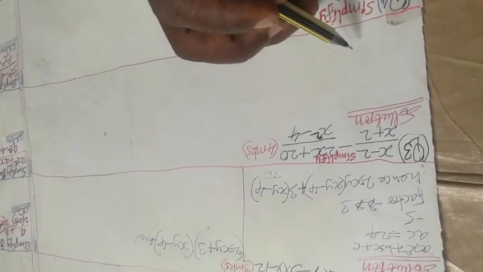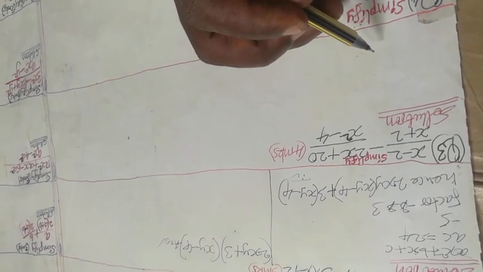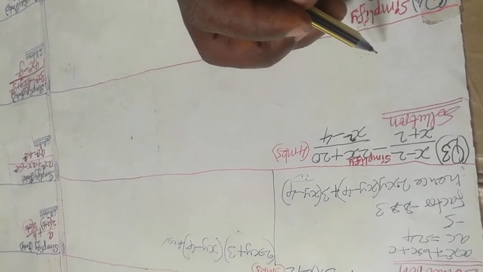First, find the difference of two squares in the denominator of the second part of the equation.